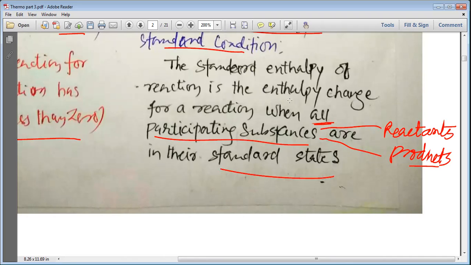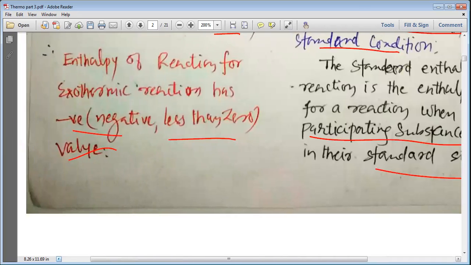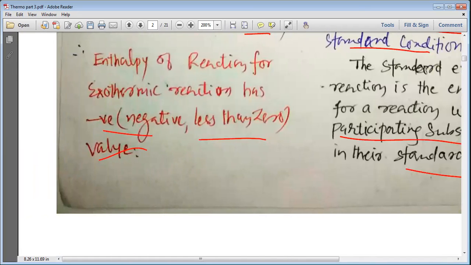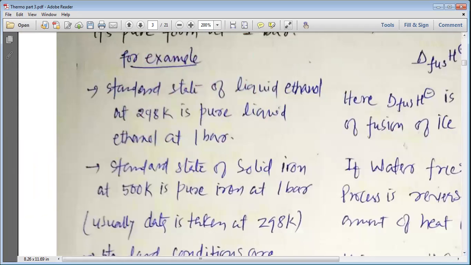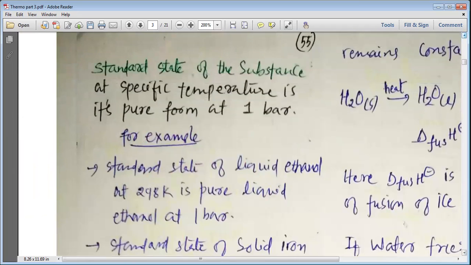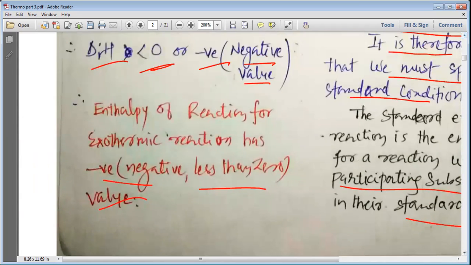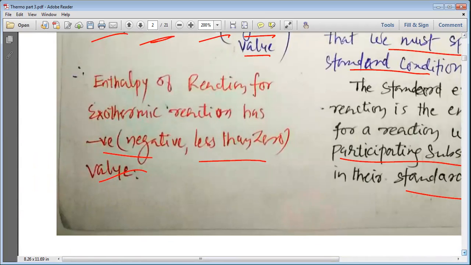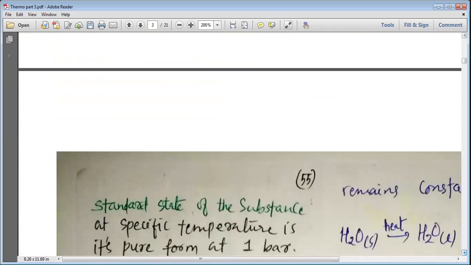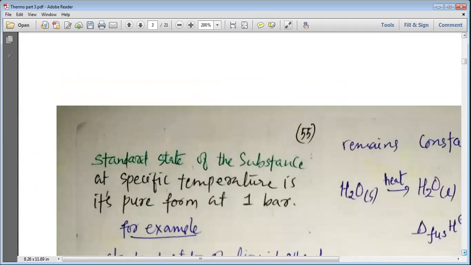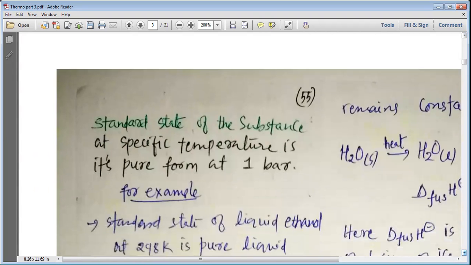So the first thing is the reactants and products must be in the standard state when we want to determine the standard enthalpy of the reactions. We have to make sure that all the reactants and products are present in the standard state.